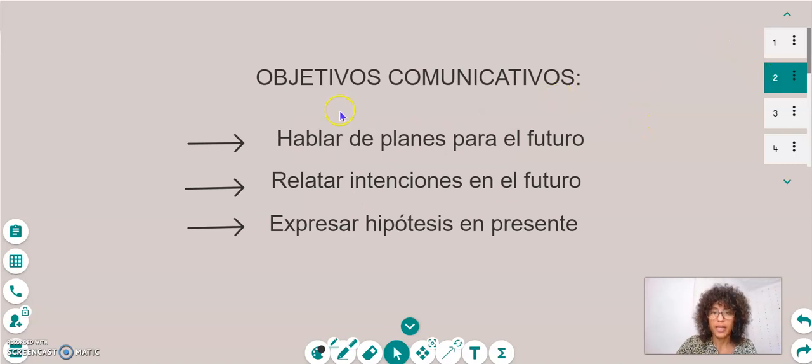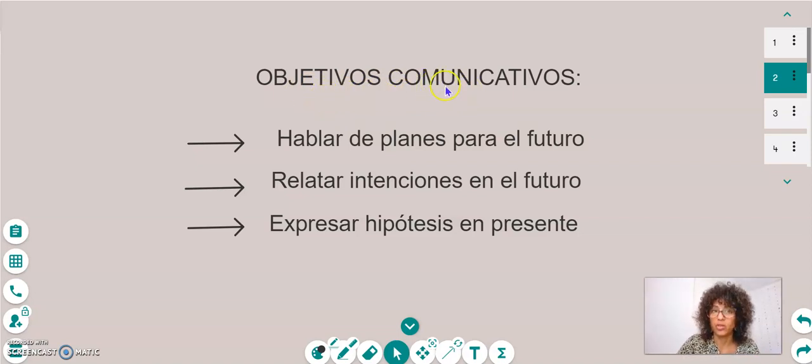The next part, most of the time, I tend to tell my student what to expect of this particular lesson. It's not just about grammar, it's about the communication objectives, the communication goals.